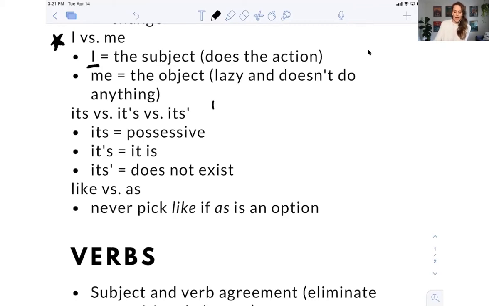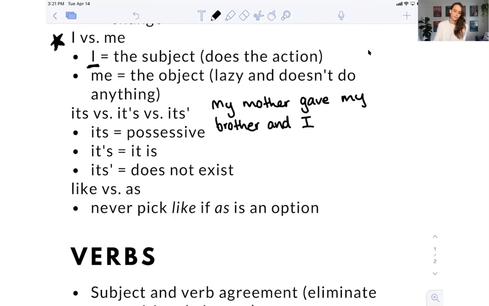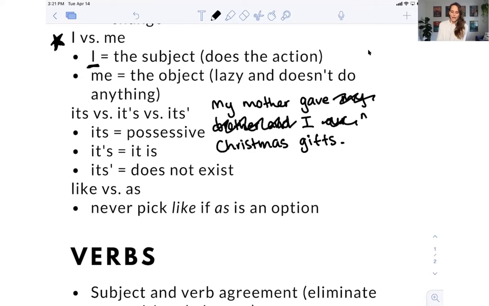So my mother gave my brother and I our Christmas gift. And when you hear that, it probably does not sound terrible to you. My mother gave my brother and I our Christmas gifts. But if I get rid of my brother in this sentence and I just say my mother gave I my Christmas gifts, that doesn't sound that great anymore, right?